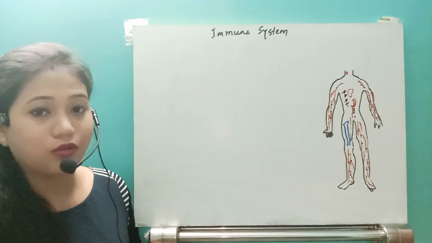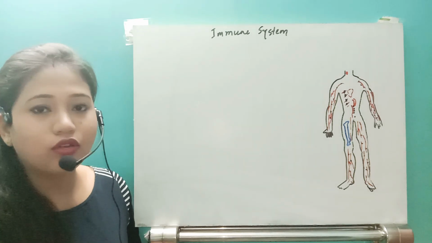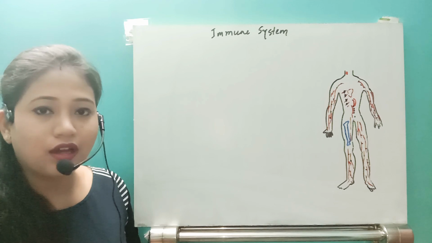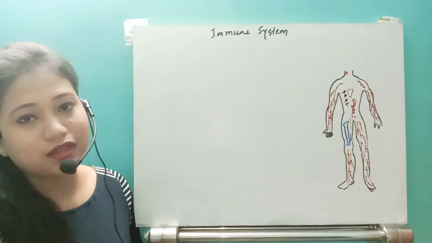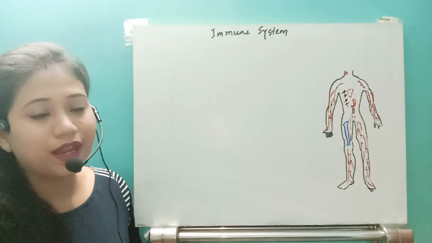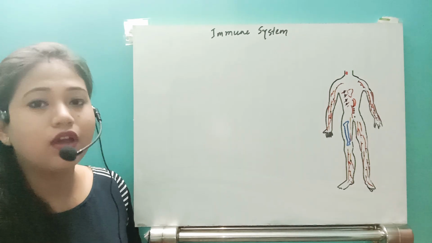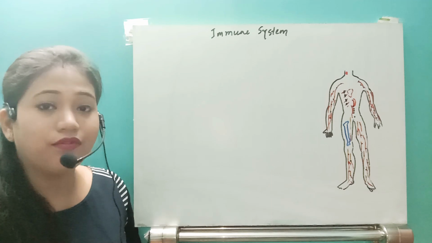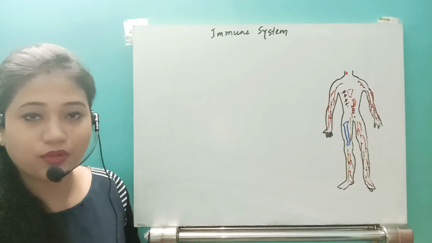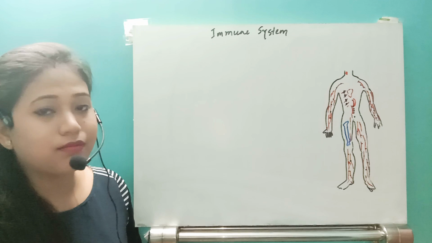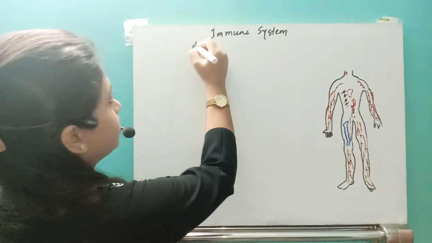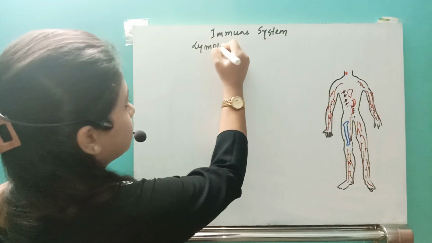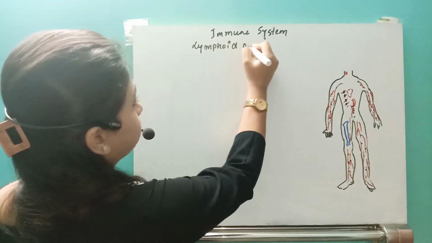Now we will have a question: where does the immune system lie? The immune system is actually a complex system of numbers of organs, tissues, vessels, etc. Our immune system is basically made up of the lymphoid organs, so we will see what a lymphoid organ is.